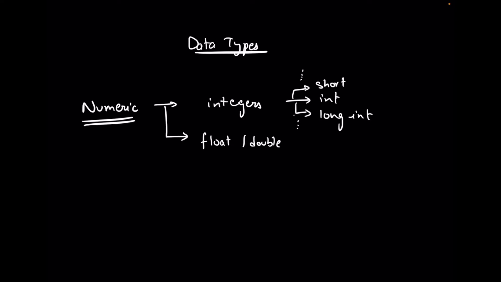If it has a really large magnitude, it would be classified as a long integer or a long int. If it has a smaller magnitude, something like 26 only, it might be classified as a short int or short. Usually though, integer data types are specified by int, which covers a wide range of magnitudes.